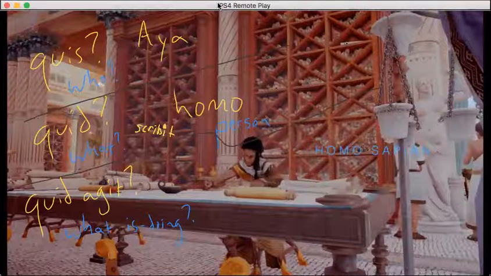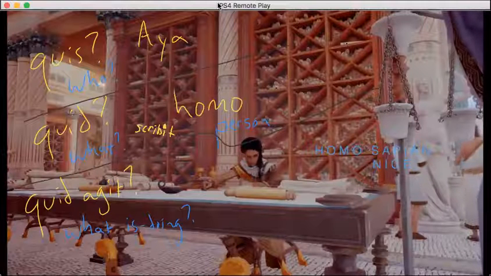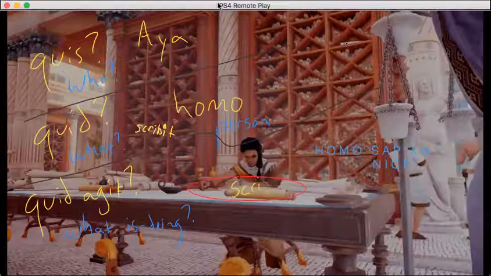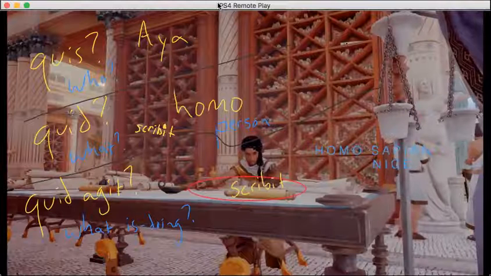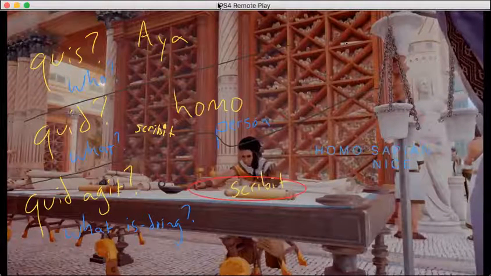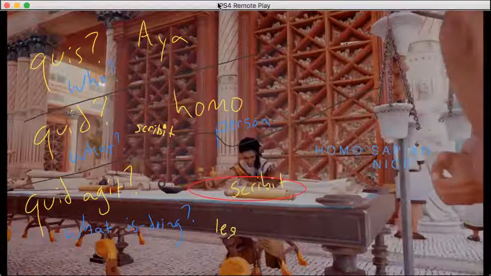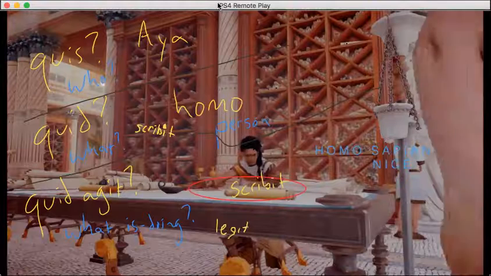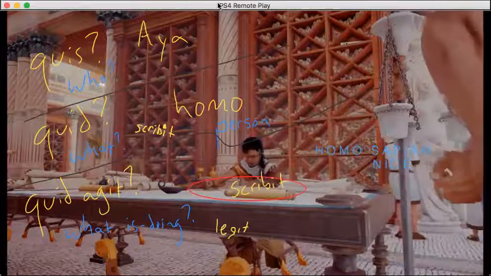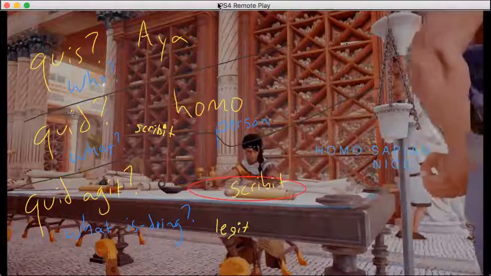We already had some people point it out, and we've got that word there, scribit. Ooh, et legit. Certe. Legit. Quid significat? What does that mean? Legit means reads or is reading.